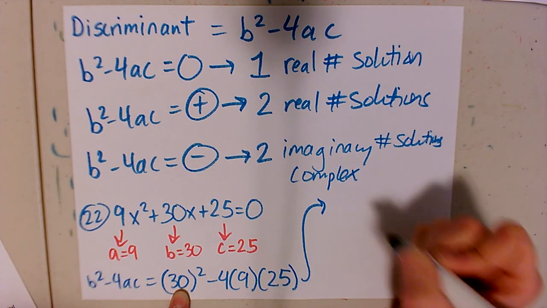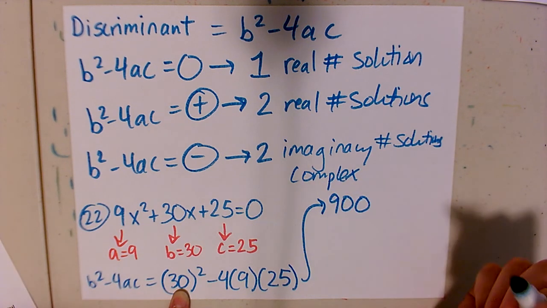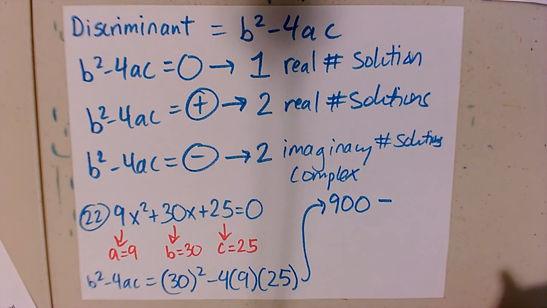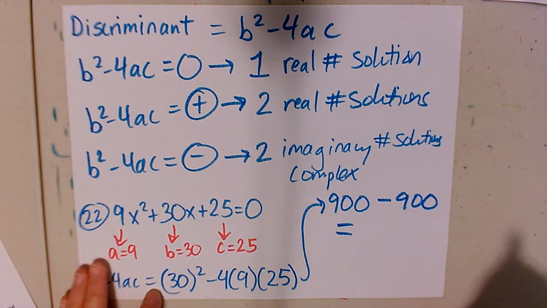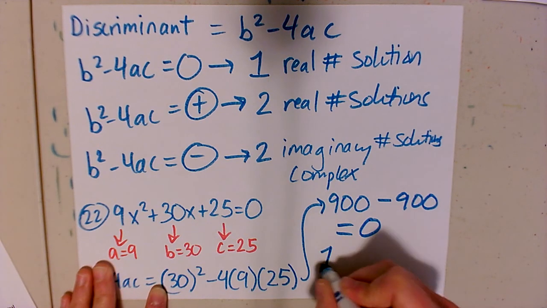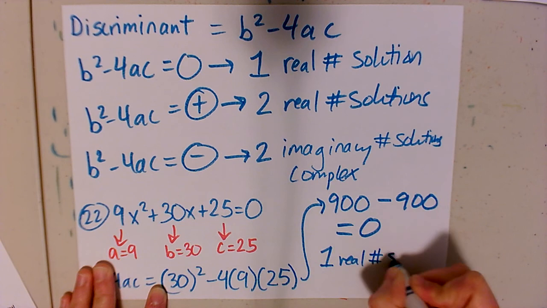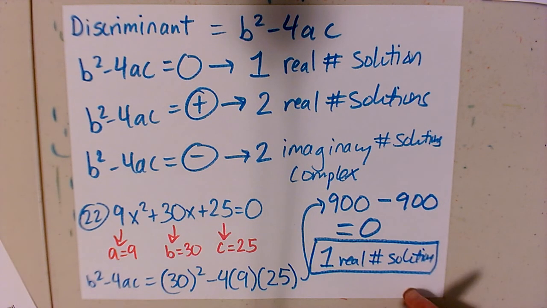So 30 squared is going to be 900 minus, and then 4 times 9 times 25, let's see, we get another 900. So then if we subtract that, we would get 0. So then that means we have one real number solution.